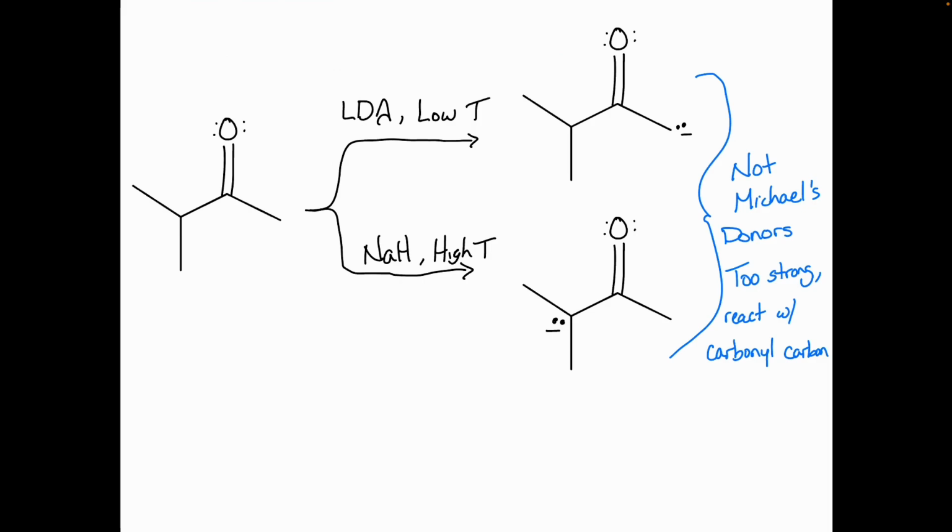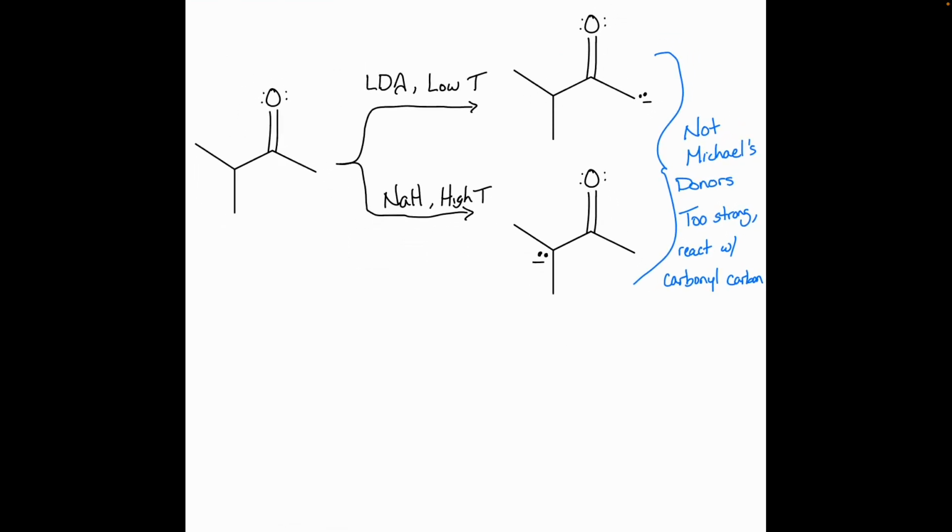All right, so then how the heck can we use a normal old aldehyde or ketone in one of these Michael reactions? Don't worry, they found a way around, and this is what's called a Stork enamine synthesis.